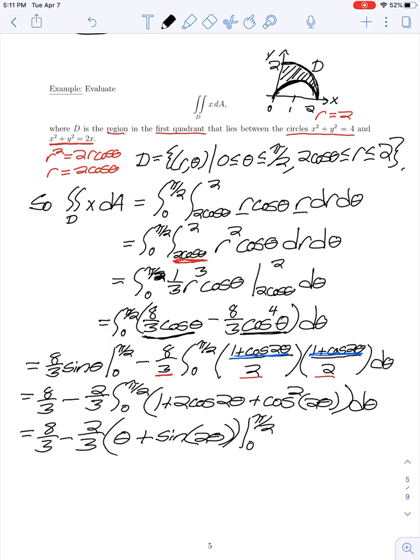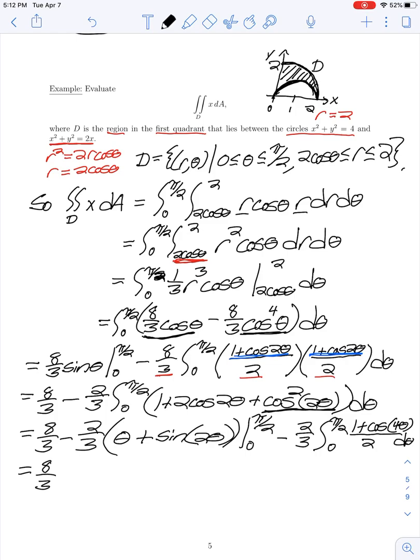And then for our last term, we had a constant of negative 2/3 out in front, and we were left with the integral from 0 to pi over 2. Now this cosine squared of 2 theta, again, to integrate an even power of cosine, we make use of this same trig identity. So we have 1 plus cosine of twice the angle, 2 theta, which gives us 4 theta, all over 2, and then integrating with respect to theta.